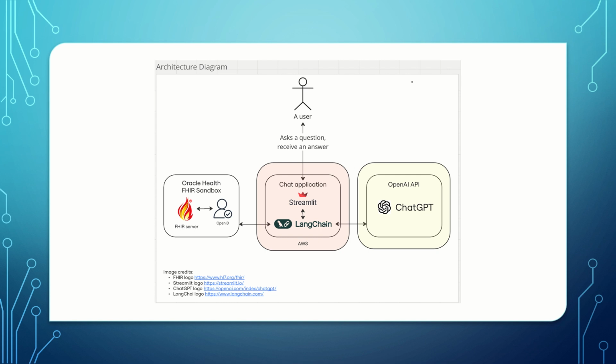And then, in the middle here, we use LangChain, a tool that can chain together language models and the Streamlit chat interface, that also helps manage the RAG pipeline and trim messages to fit LLM context size requirements.